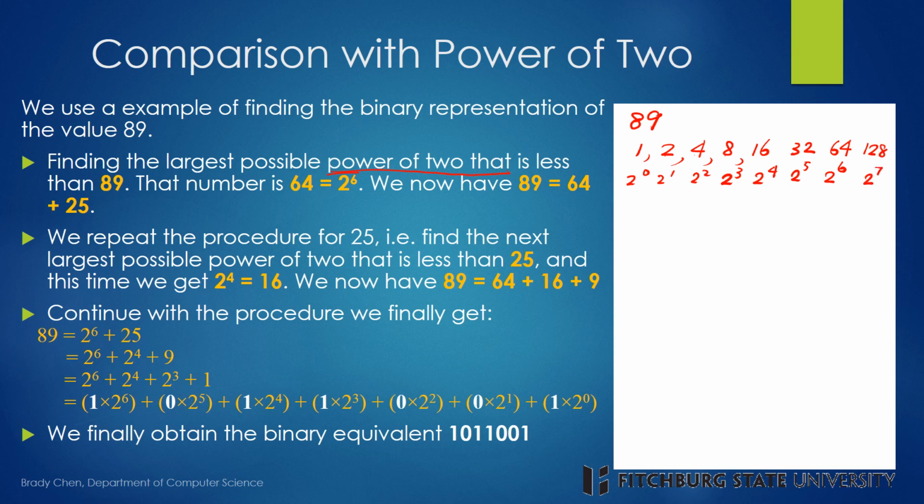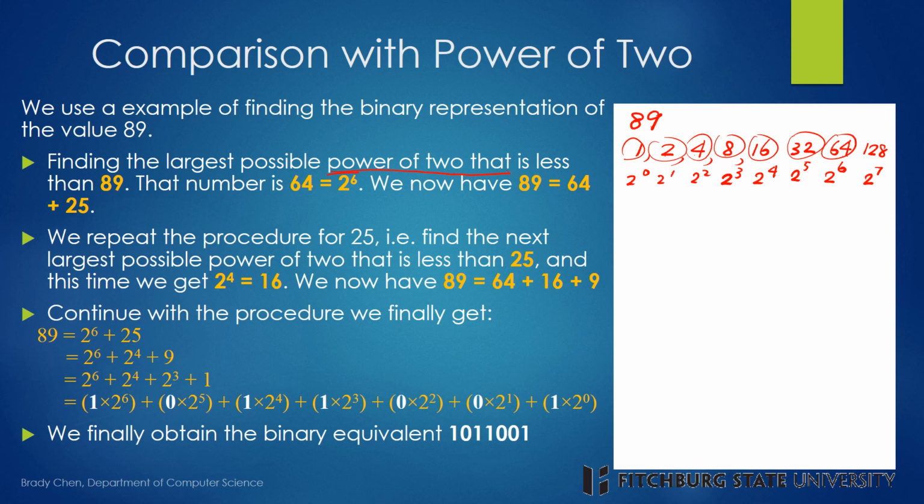Now the first step is finding the largest possible power of 2 that is less than 89. So these are all less than 89, right? But the 64 is the largest power of 2 that is less than 89.